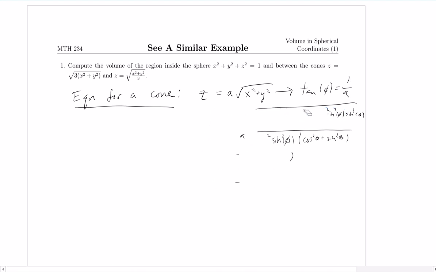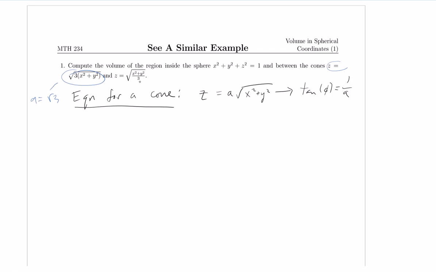So these two cones that were given in the beginning of the problem, we can see that the first one, we have a equals the square root of 3, and in this second one, a is equal to 1 over the square root of 3.